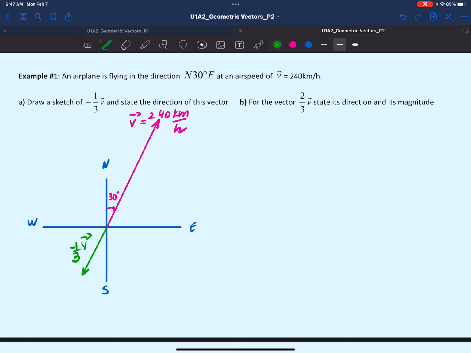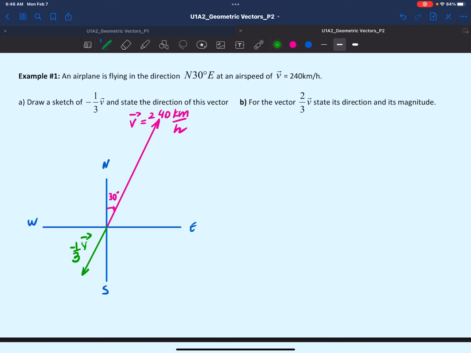Now, for the vector 2/3 of the vector v, we have to state the direction and the magnitude. So now, if you want to draw 2/3 v, it means that we are staying in the same direction as vector v because 2/3 is a positive number. And that means that the only thing that will change is the magnitude. So if you divide this into 3, then this would be the vector.